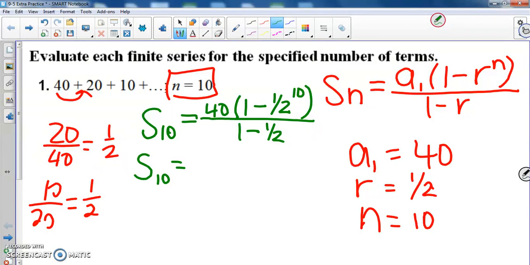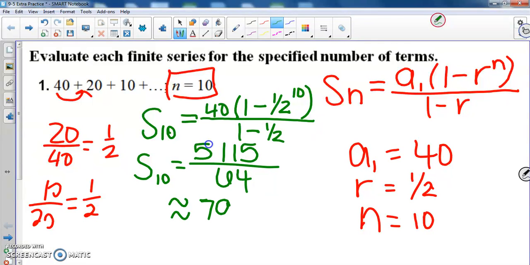Close my parentheses, enter, divided by 0.5, and I get 5,105 over 64. Or it's about 79.